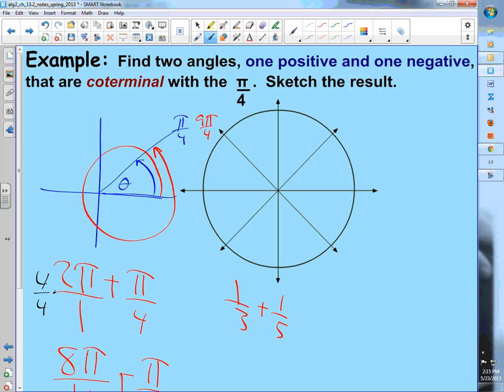And then if we make n -1, we'll be doing pi over 4 minus 2 pi, and we'll be getting negative 7 pi over 4. And that angle would look like this when we draw it. It would go in the down and around direction, clockwise instead of counterclockwise.